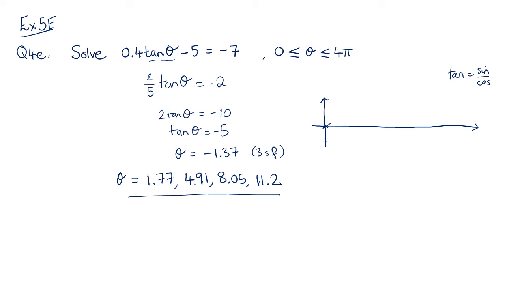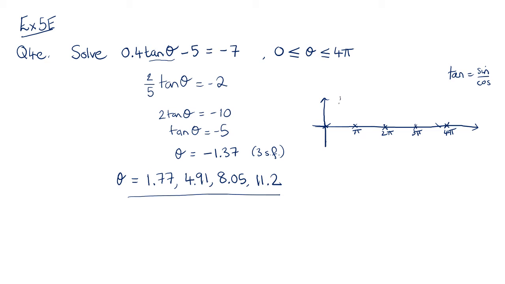So I know that tan is 0 every time sine is 0. So that would be at 0, at pi, at 2 pi, at 3 pi, and at 4 pi.